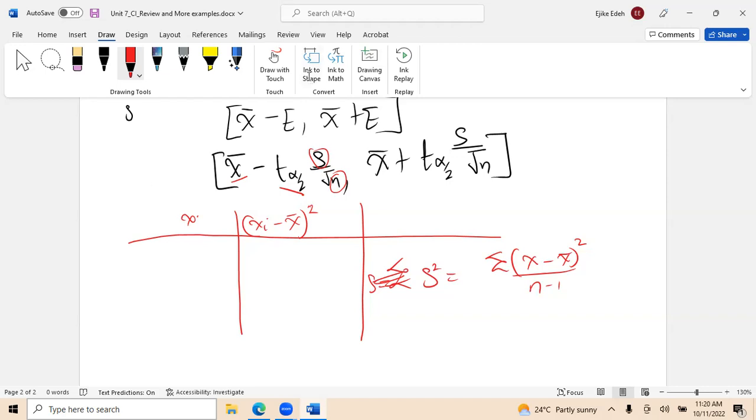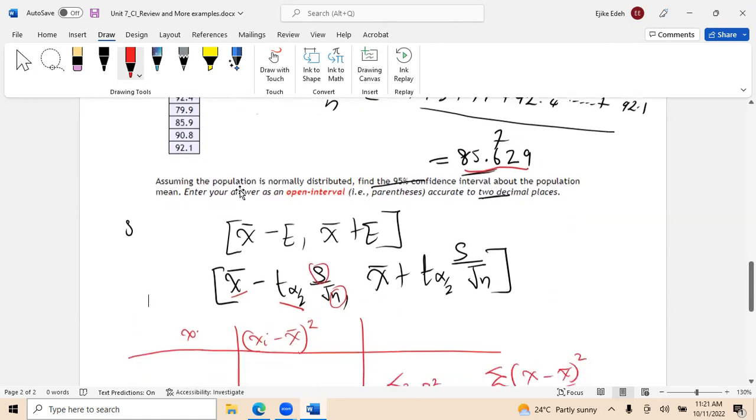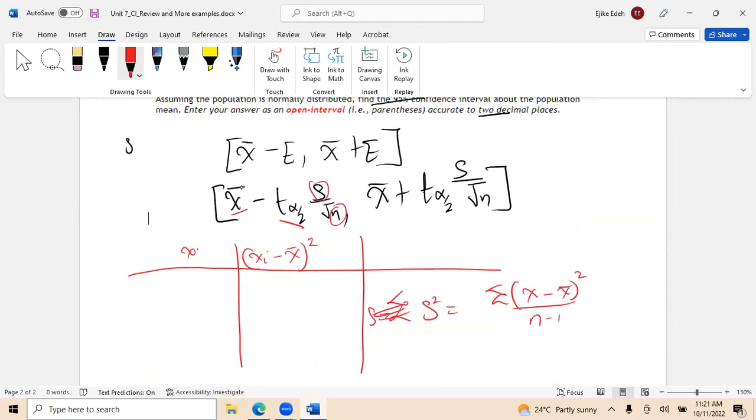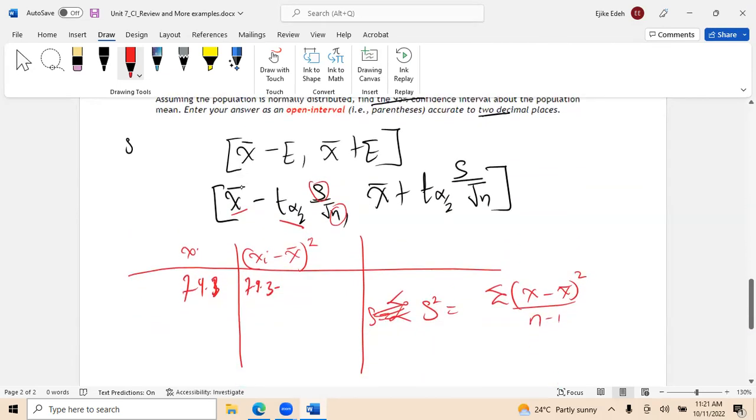Okay, so these values, I'm going to reproduce them. 79.3, so I have 79.3, and here we're going to do 79.3 minus the mean, which we got as 85.629, then squared, right?